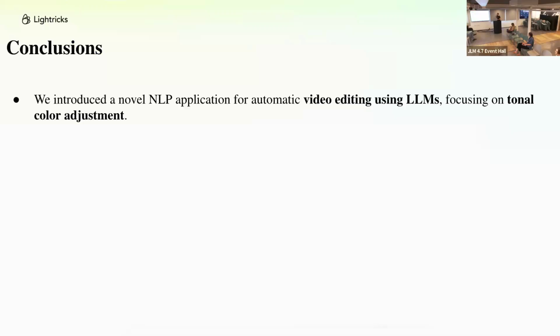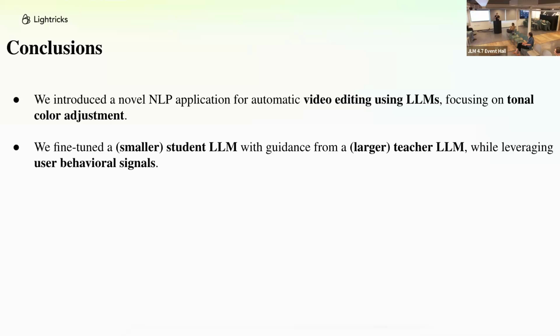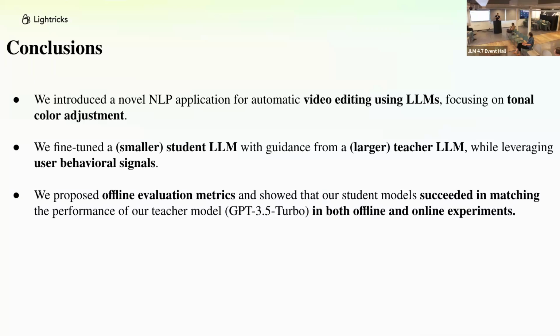Okay, so what we have seen: we introduce a novel NLP application for automatic editing using LLMs, and we focus specifically on the tonal color adjustment. In our approach, we fine-tune a smaller student LLM with the guidance of a larger teacher LLM, but we also leverage the user behavioral signals.